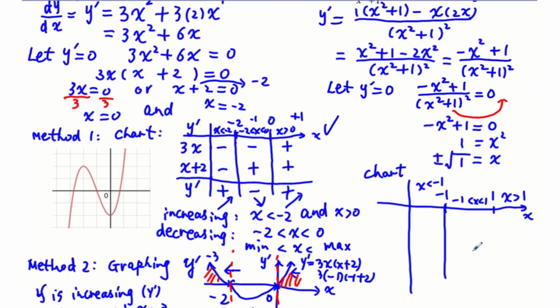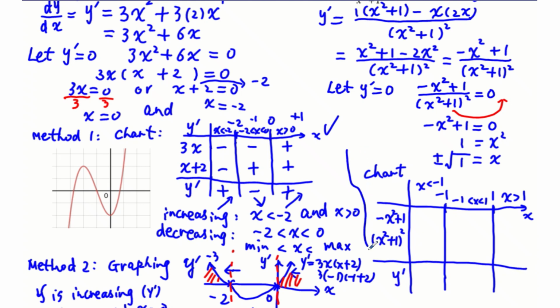So we want to find whether y prime is positive or negative. We just copy negative x squared plus 1 as our numerator. The denominator is (x squared plus 1) squared. Then these two divided give you y prime.